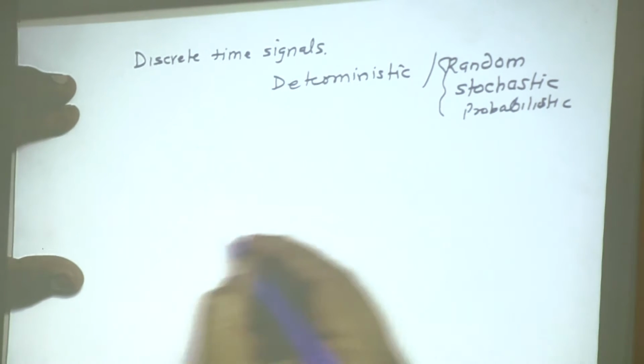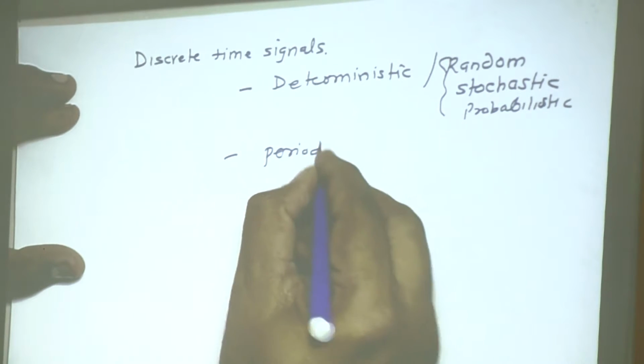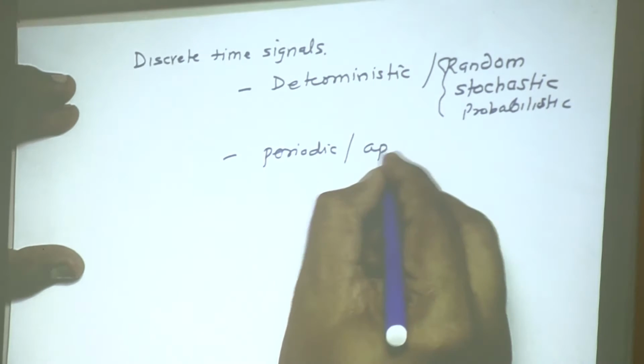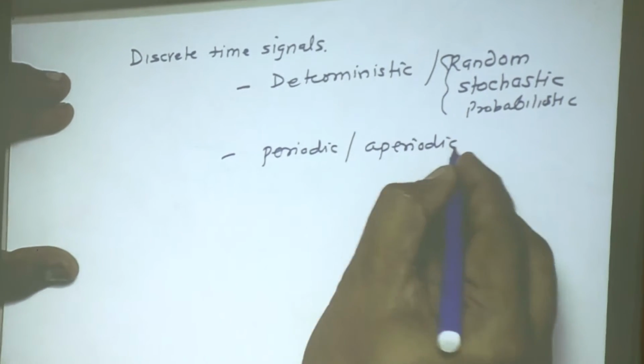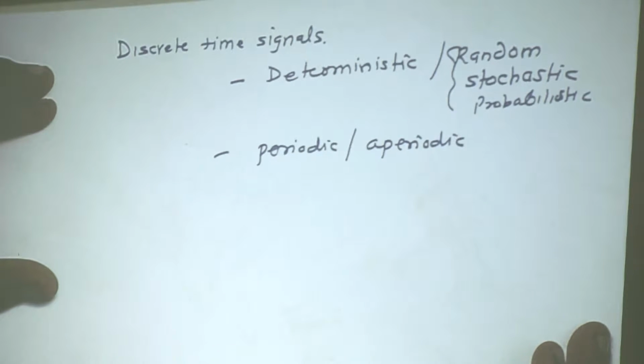These are synonyms. They could be periodic or aperiodic. As I said, deterministic signals are ones which can be expressed as a mathematical function, as a mathematical equation, whereas on the other hand, the random signals cannot be represented in the form of a mathematical expression.